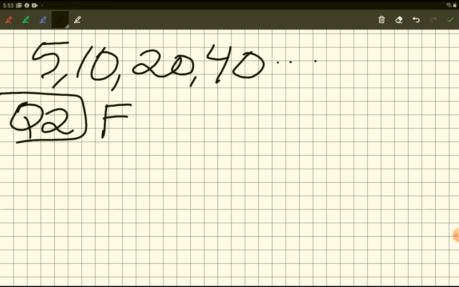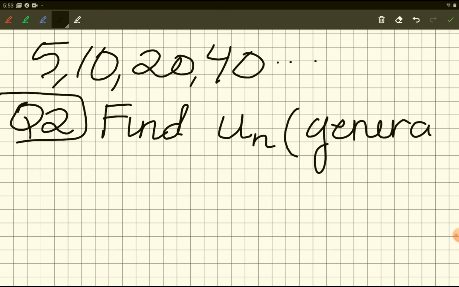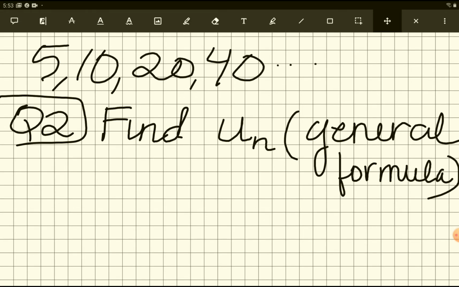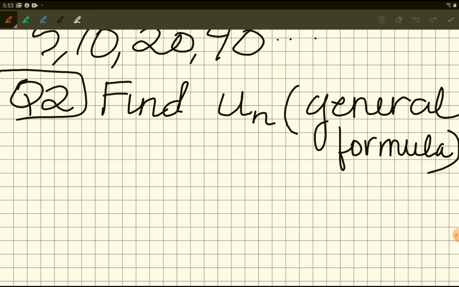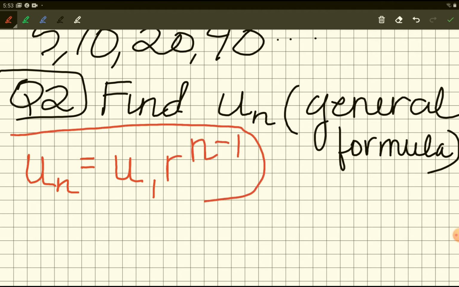It tells me to find u sub n, otherwise known as the general formula. If you guys remember from your notes, very straightforward. That's the general formula.